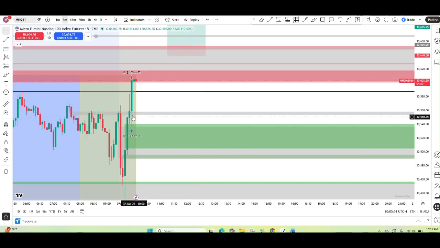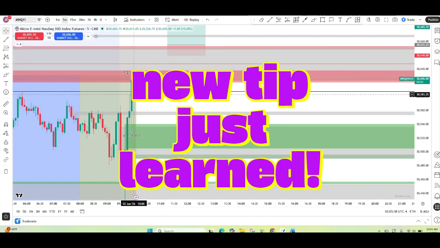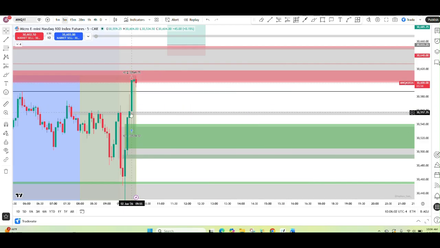Before, I was talking to my son and trying to figure out why that always happens to me. What he explained was that it was this long green candle where I got stopped out. He was saying whenever the candles before leave such a big gap like this, you see how this is the candle I entered on, right, and got stopped out down here.